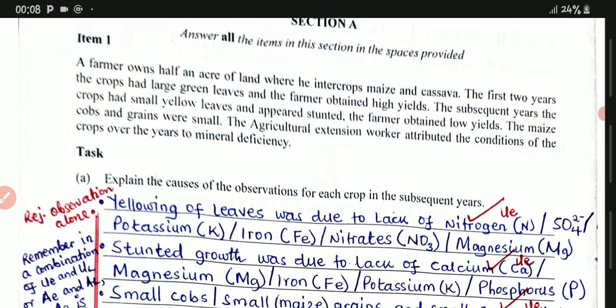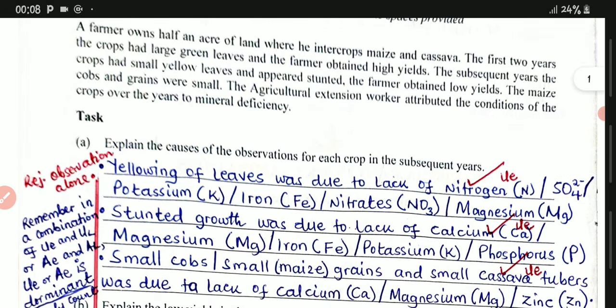The farmer obtained low yields, and the maize cobs and grains were small. The agricultural extension worker attributed the conditions of the crops over the years to mineral deficiency.